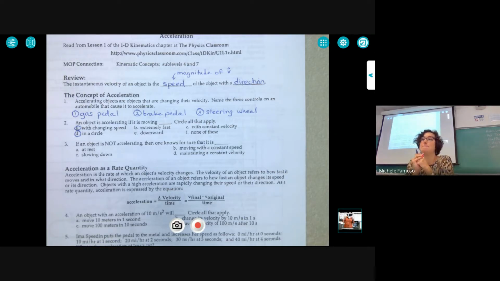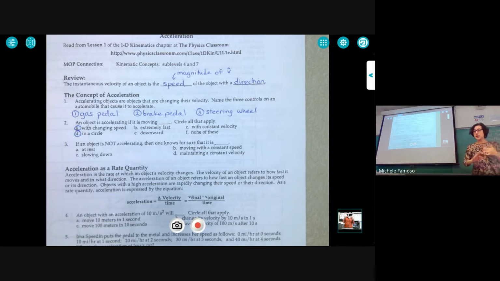B, no. Let me show you an example of that. Right now, I am accelerating, even though I have a constant speed. Why is that? I'm changing the direction in which I'm moving. Let's say I put an arrowhead out in front of me. Every second, my arrowhead points in another direction, even though my speed is constant.